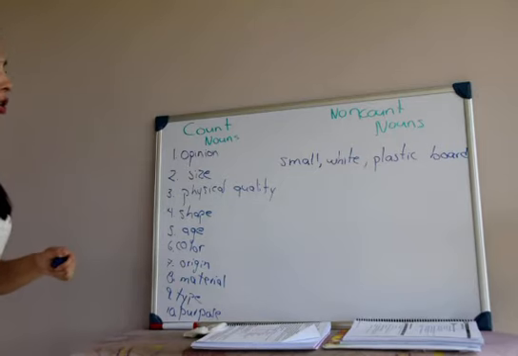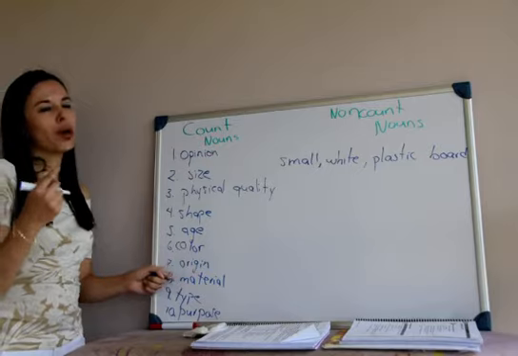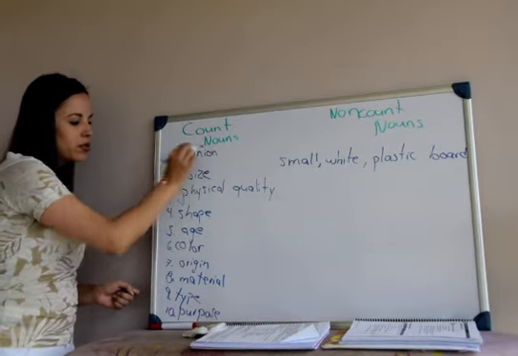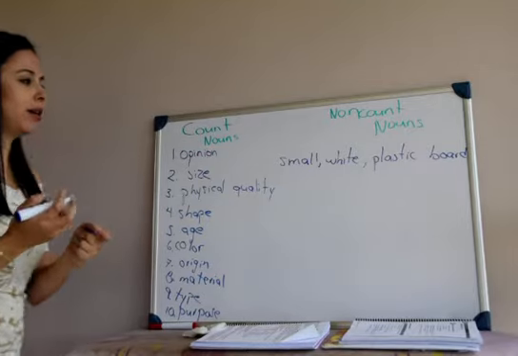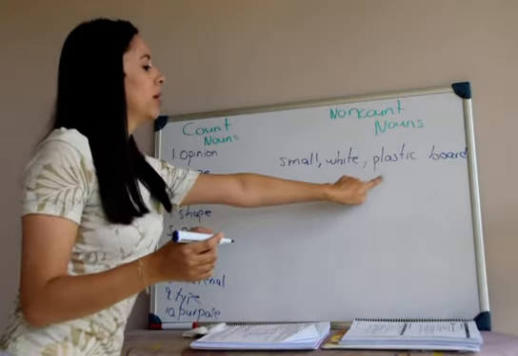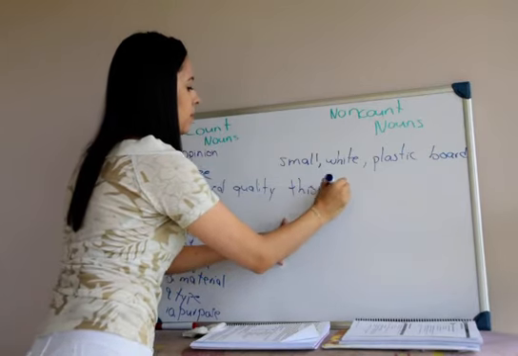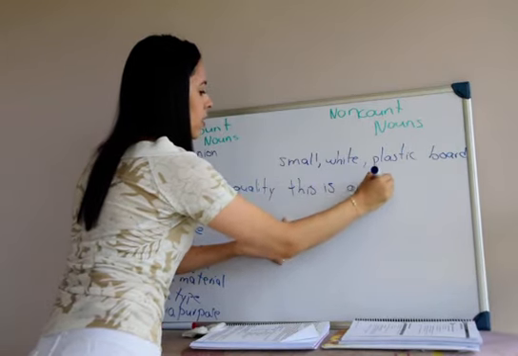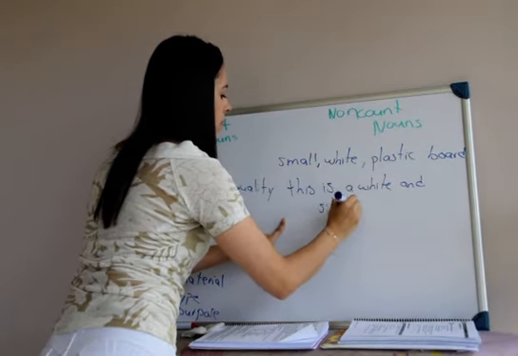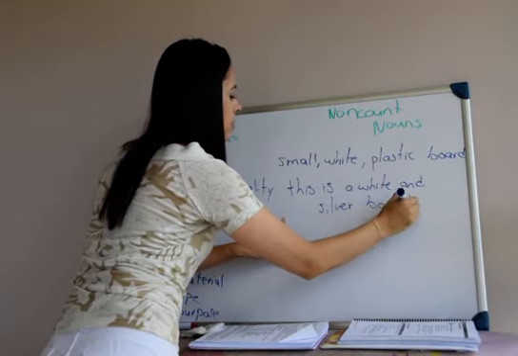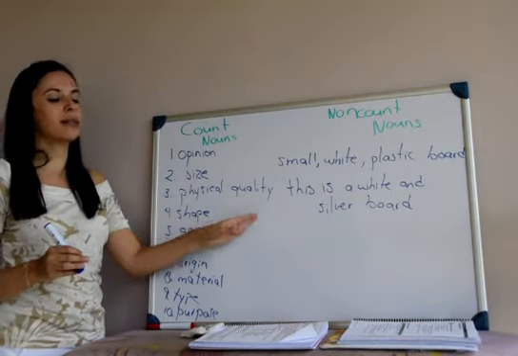If you want to use more than one adjective that belongs to one of these categories, you can use and. For example, let's talk only about color. I'm only talking about color. And I can say that this is a white and silver board.